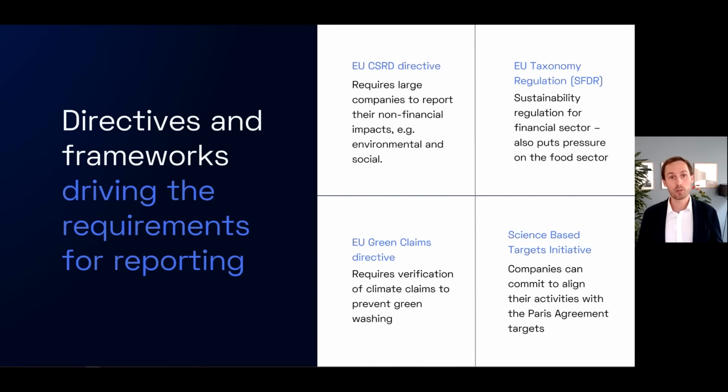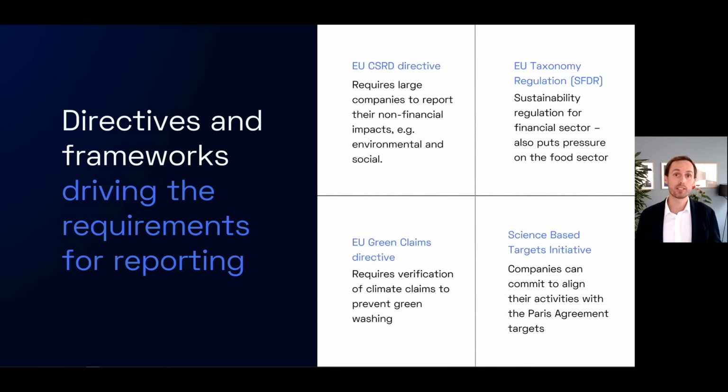The EU taxonomy regulation sets guidance for financial sector organizations and their requirements for reporting on the sustainability of their investments. This also puts pressure on industrial companies. The EU Green Claims Directive will require companies to substantiate their environmental claims.